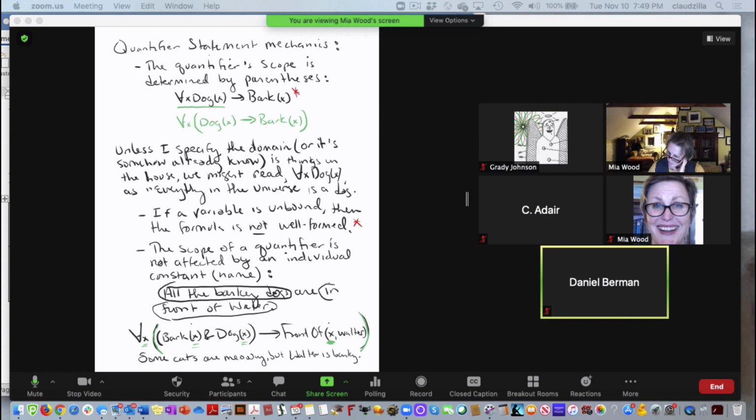Here, the scope of the quantifier covers the meowing cats, right? It does not apply to the named entity Walter. So we end up with this there.